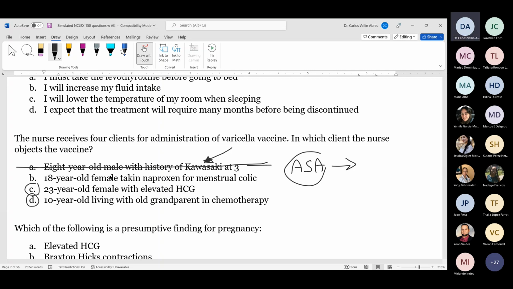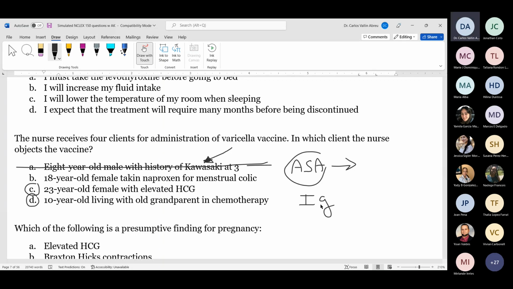Good. The other problem with vaccines and Kawasaki disease that can be tested, pay attention, is that one of the treatments of Kawasaki disease in the acute phase is the intravenous administration of gamma globulin, immune globulin.